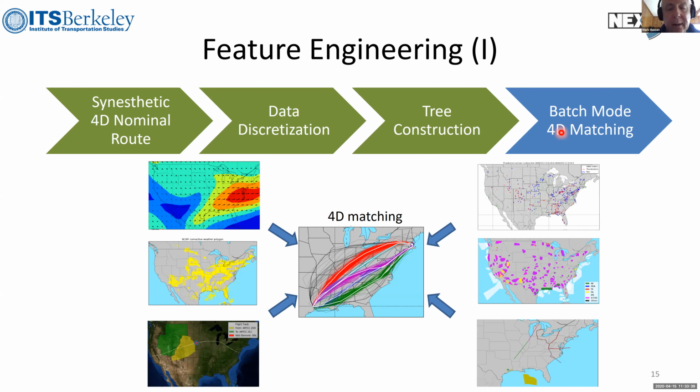So we'll talk now a little bit about the feature engineering associated with this. And there's a lot of challenge in actually mapping these different nominal routes to these different features. But here are some of the different things that we look at. The top one here is the wind field.